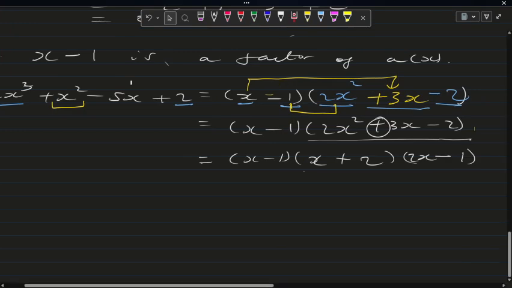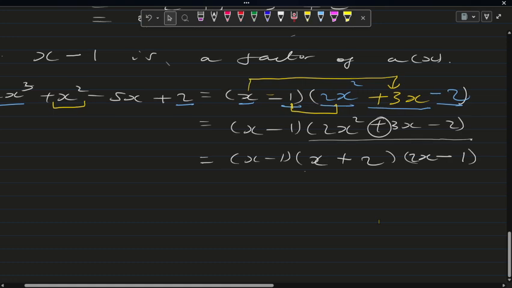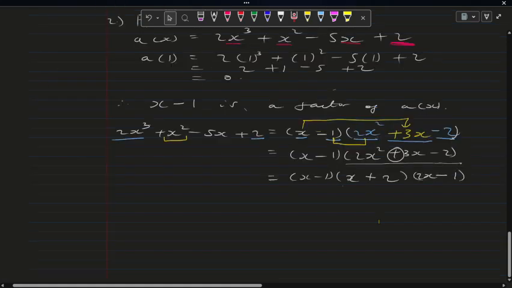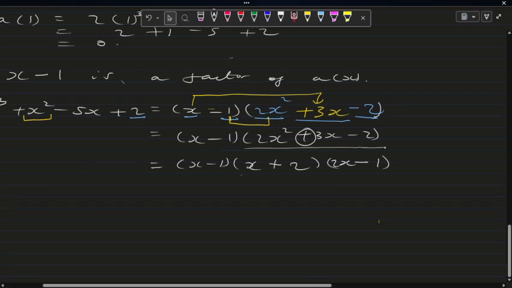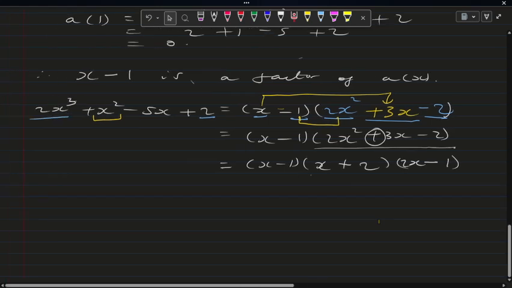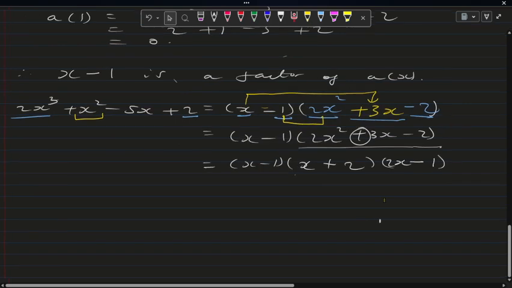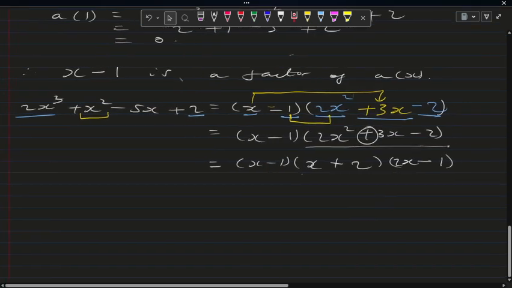Then from there we simply use the shortcut method to determine the quadratic expression. Then we look at the quadratic expression, and if we can factorize it, we can employ the methods that we obtained when we were doing algebra.